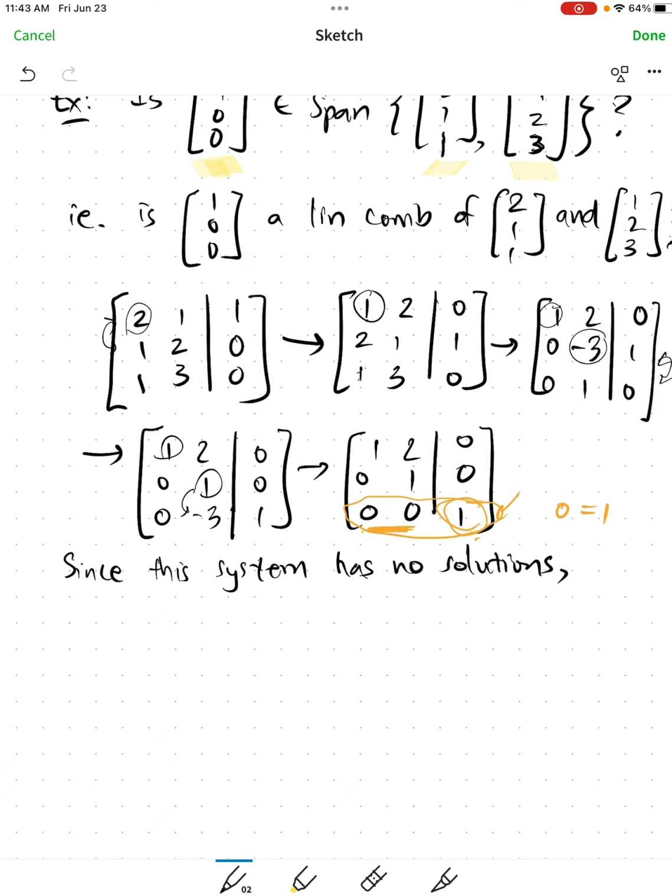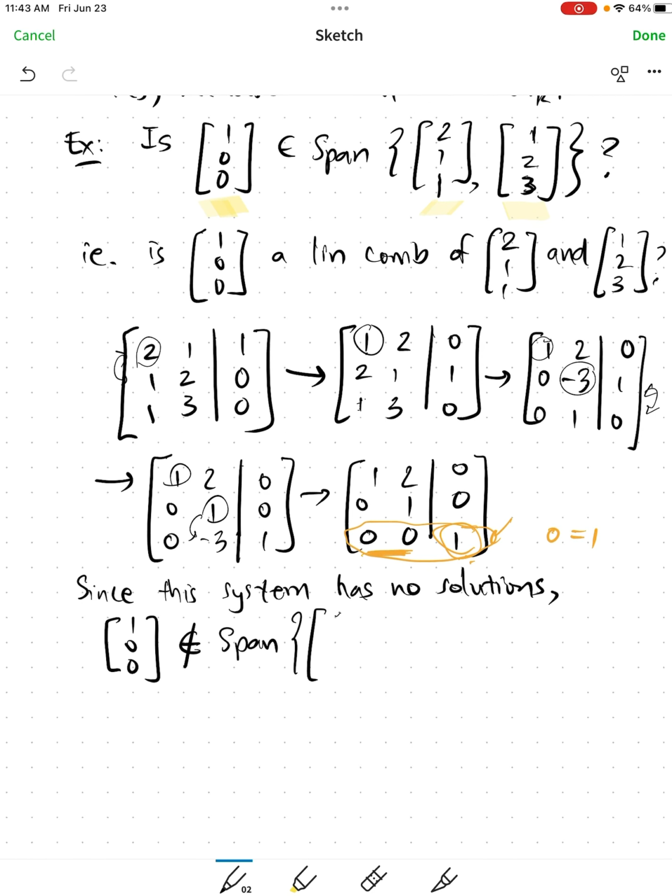Since the system is inconsistent, meaning it has no solutions, what do we conclude? 1, 0, 0 is not an element of the span, you can use the symbol for element of with a dash through it to say it's not in the span. So it's not in the span of 2, 1, 1 and 1, 2, 3. Perfect.